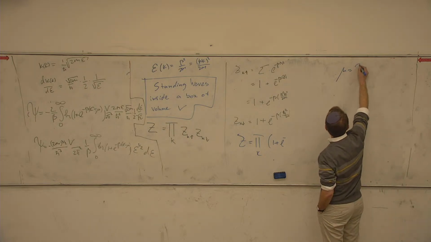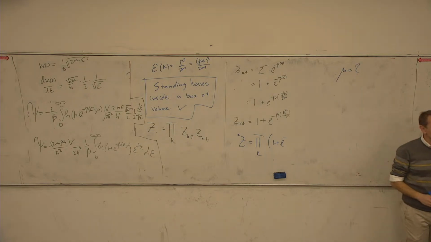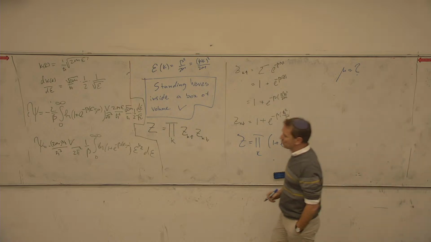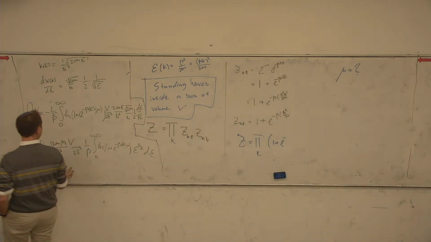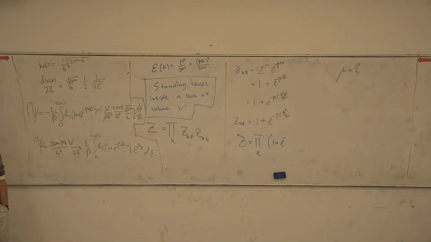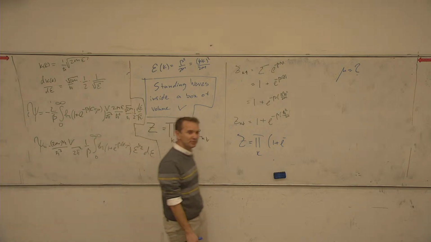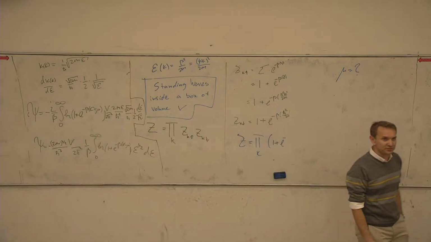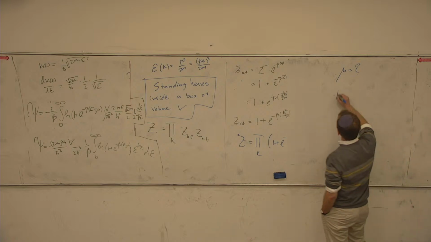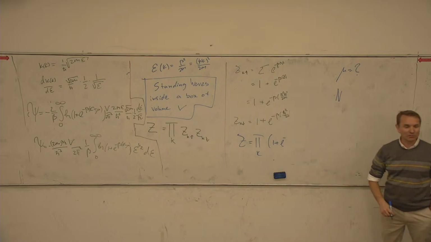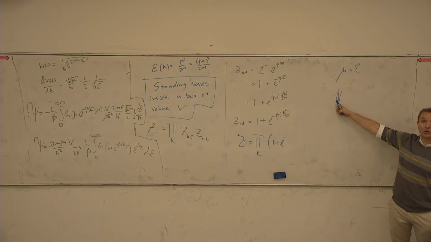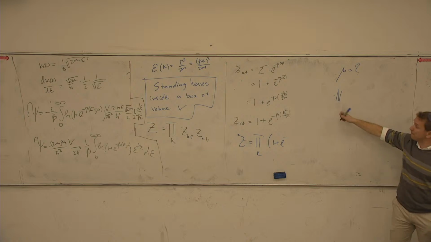Remember, our goal was to compute mu. And what it was written over here beforehand is that n is a constant. So how we compute the Fermi energy for this Fermi gas? We compute the average number of particles, and we set it to a constant, okay, and we solve it with respect to mu.